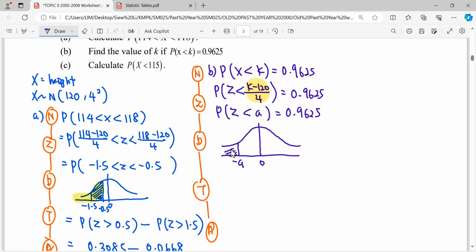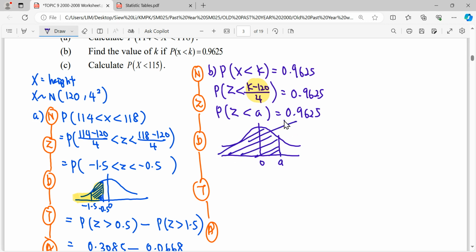But this region needs to fulfill the figure given here. You can notice the figure is more than 0.5, meaning this region is a big region, but the region when we draw is not more than half, so the region that we draw and the figure we have do not match, which means our z-score is not negative. Our z-score will be on the positive side, so z less than a.